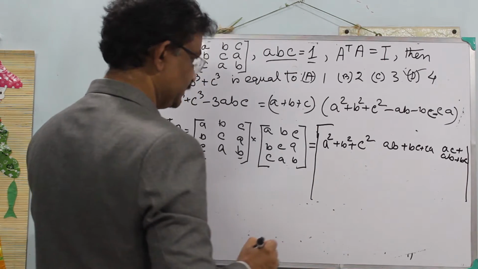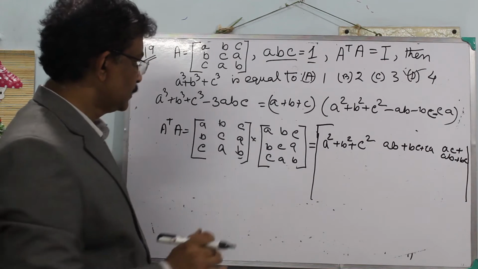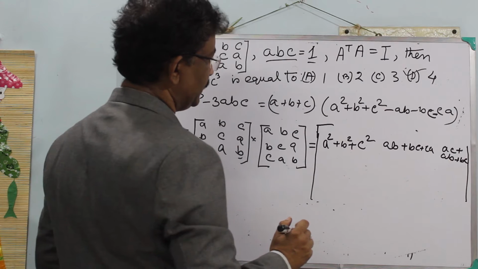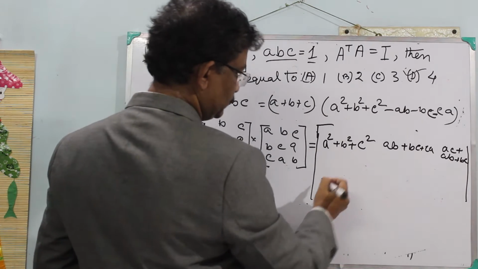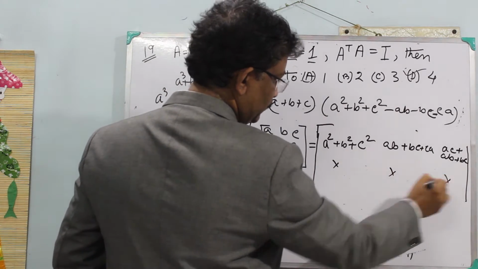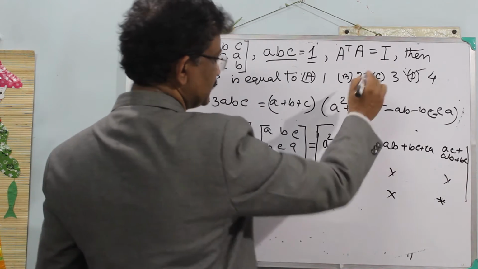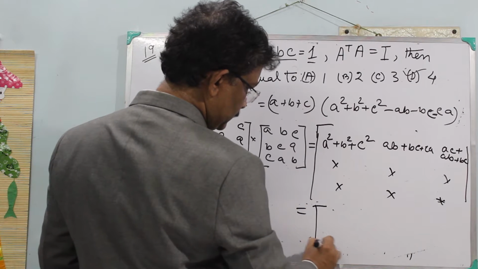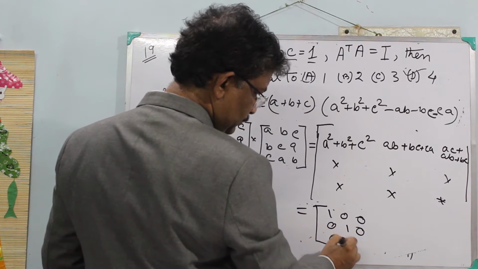This is matrix multiplication; I write the result. It is not necessary to calculate all these other elements. You see, this is equal to the identity matrix, 1 0 0, 0 1 0, 0 0 1.